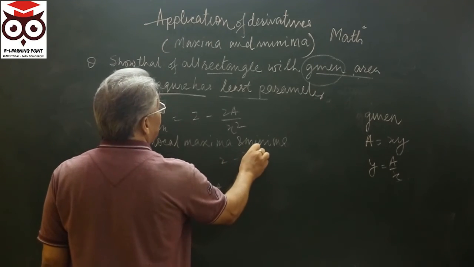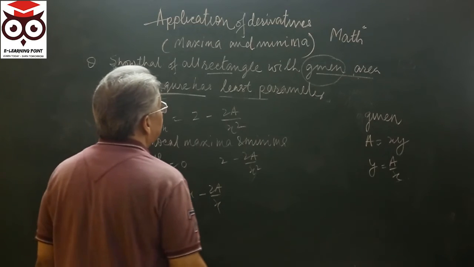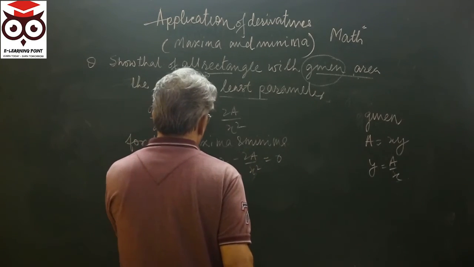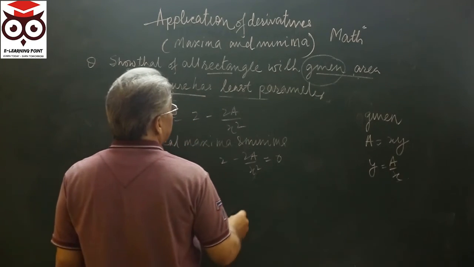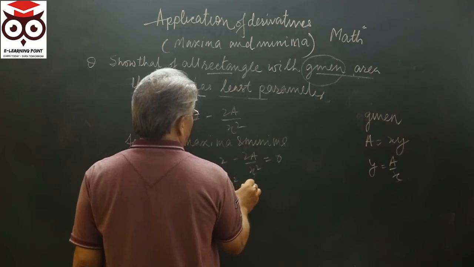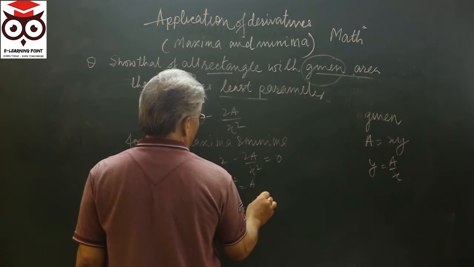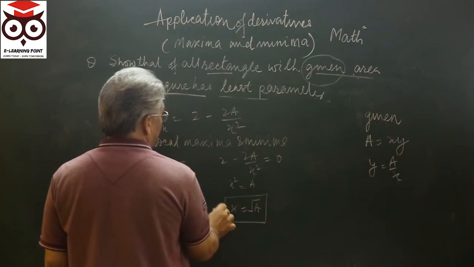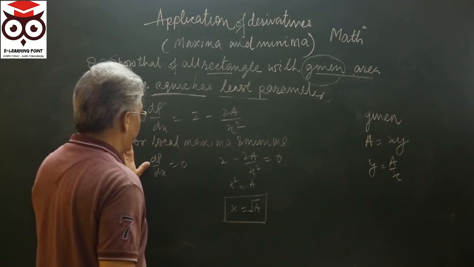So 2 minus 2a by x square is equal to 0. So this can be written as x square is equal to a. So I can say x is equal to root a. Right? So this is your point.